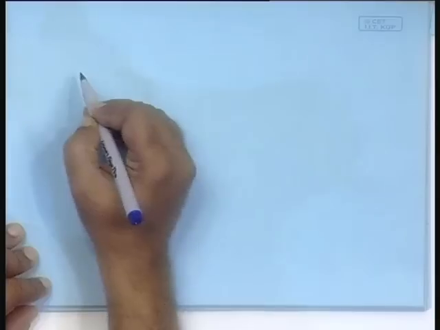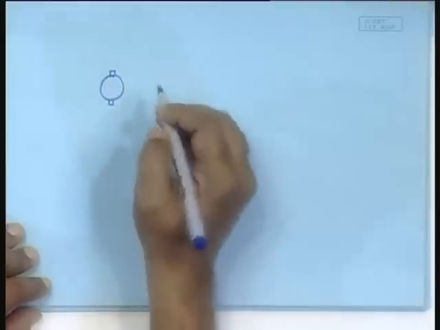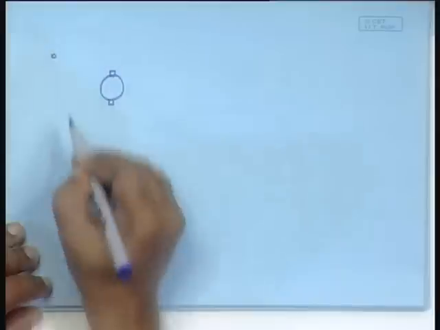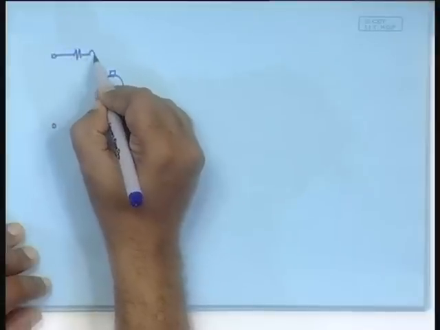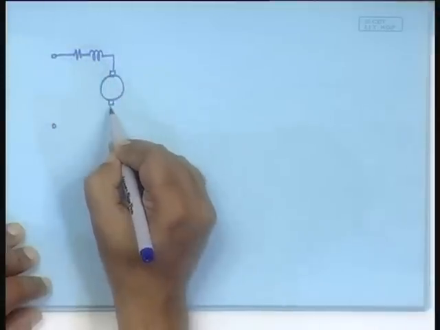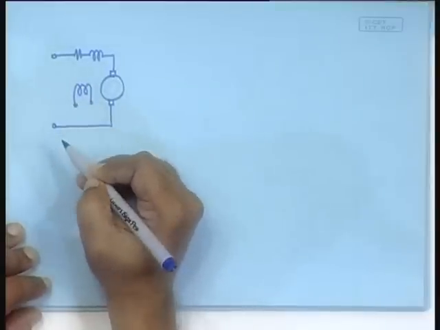Okay, fine. Let us do another problem. We have already done the motor problem, right? In the motor problem, your system description was you had a DC motor and it was connected to a source, and there would be the internal resistance, inductance, and this was constant, field was constant.